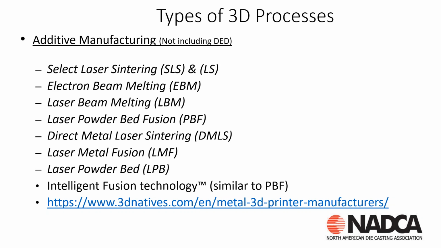That's a trademark name by a specific company, very similar to powder bed fusion. And I want to say the same thing of DMLS, the direct metal laser sintering, and laser metal fusion.